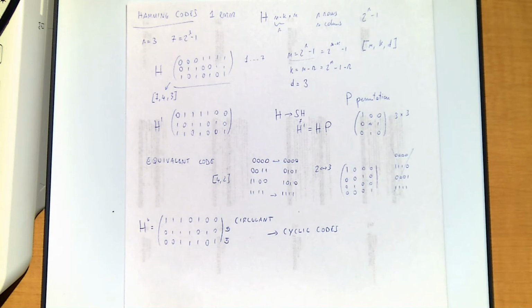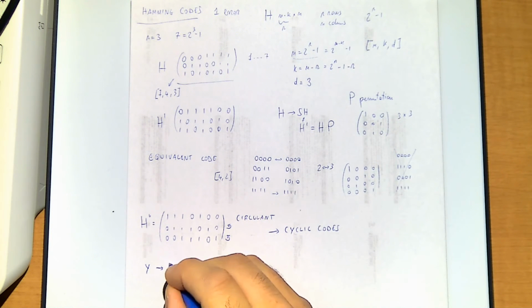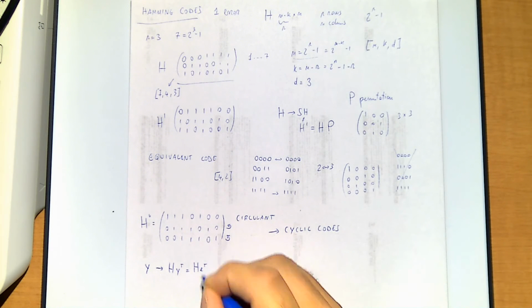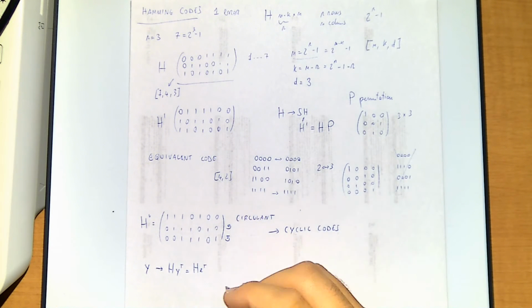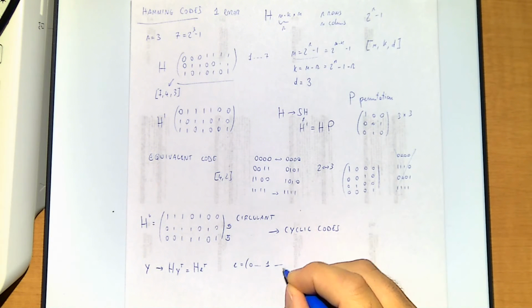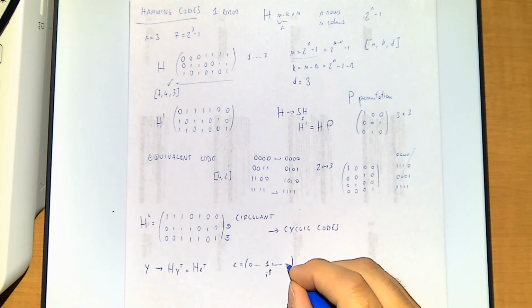Okay, so now how do we do the decoding? Suppose we're trying to correct exactly one error. It means that I receive a word y, and then what I want to do is compute this syndrome, which should be exactly H times e transposed. But e contains exactly a 1 in position i, and then it's 0 everywhere else.